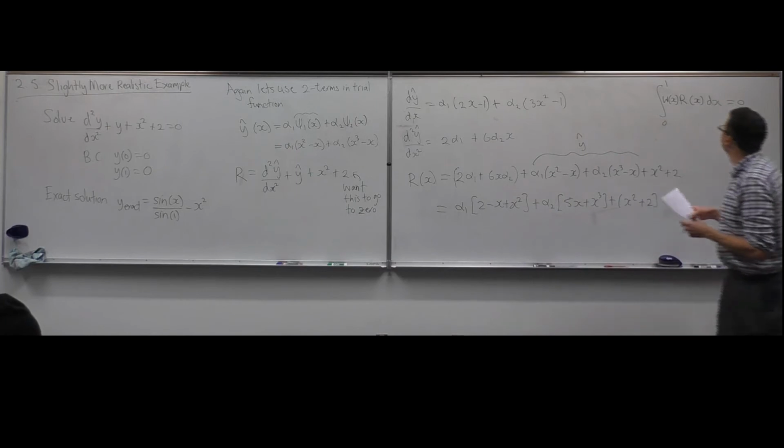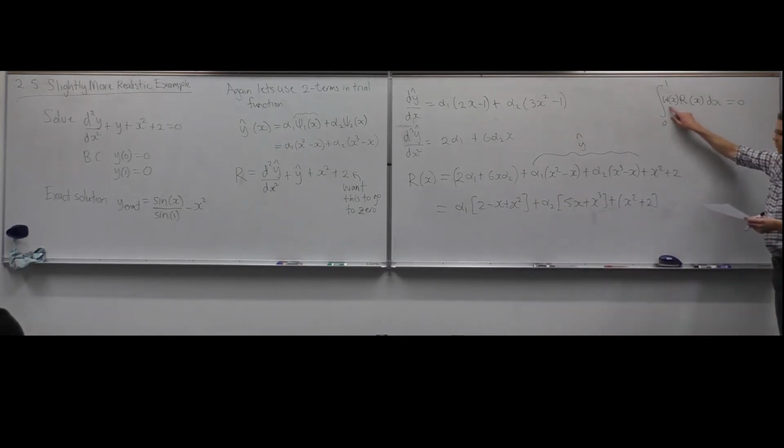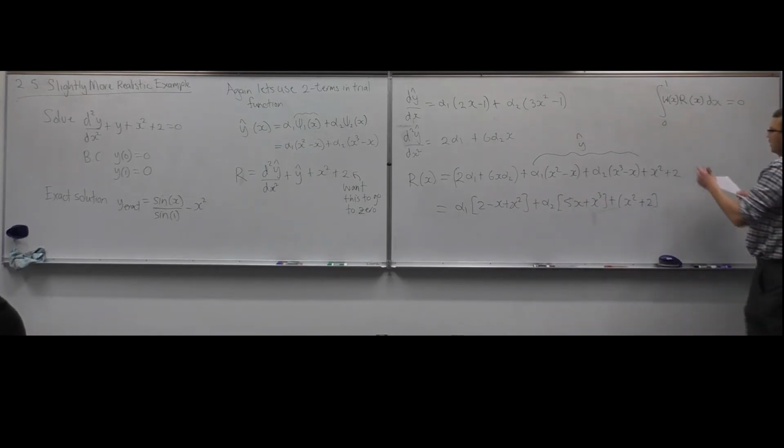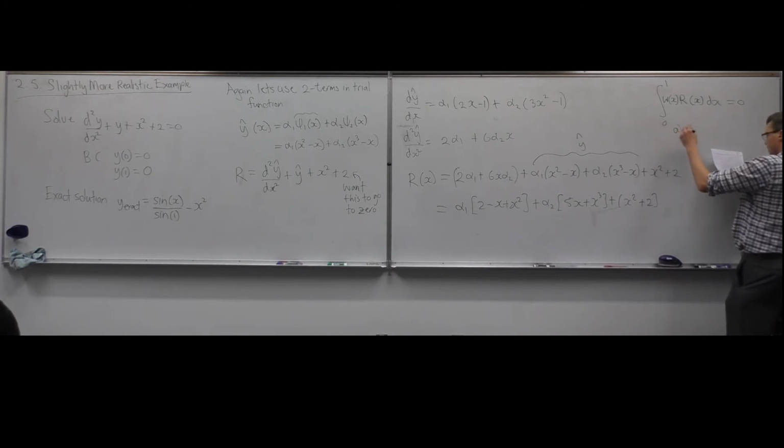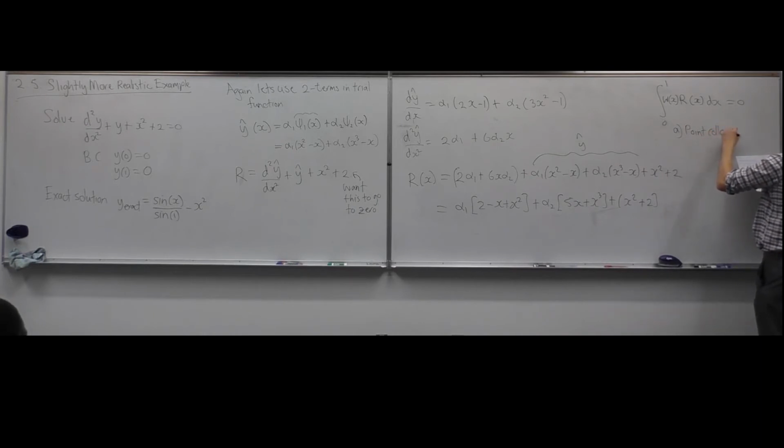And so we're going to choose W to be 3 different things. We're going to try point collocation, and we'll choose x1 to be 0.25 and x2 to be 0.75. So we'll choose those 2 points to force the error to 0.